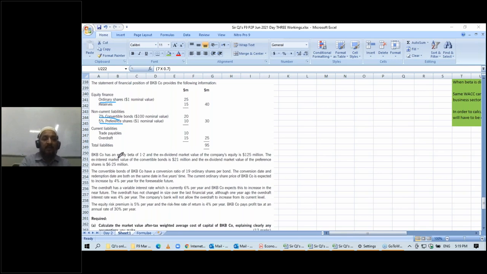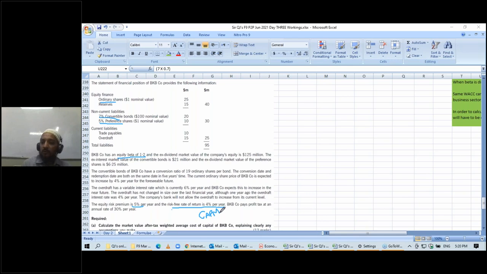And in this case, see, they have given the equity beta. So whenever they have given you equity beta and risk premium and risk-free rate of return type things, this means you have to use the CAPM, and CAPM is a better model. So if you are given dividends which are growing and you are given beta as well and the risk premium data as well, if both of them are given, then what model should be used?